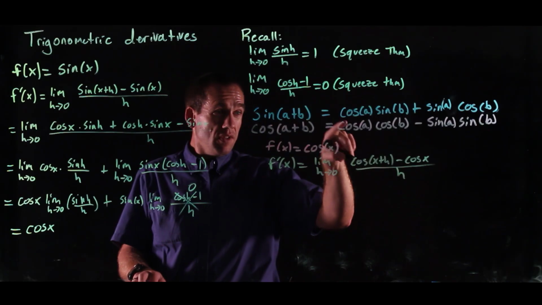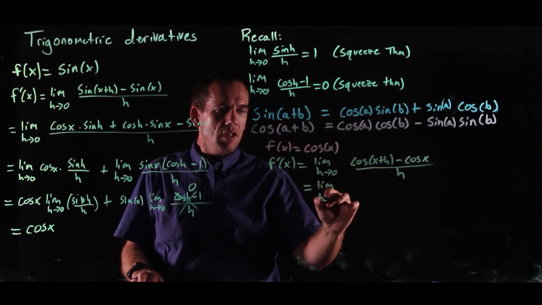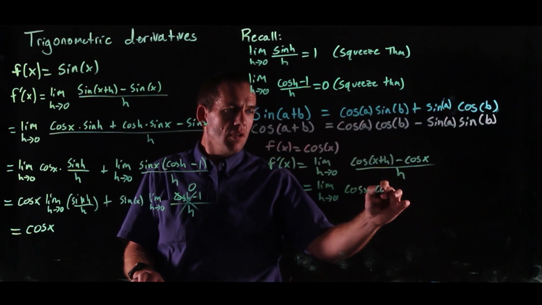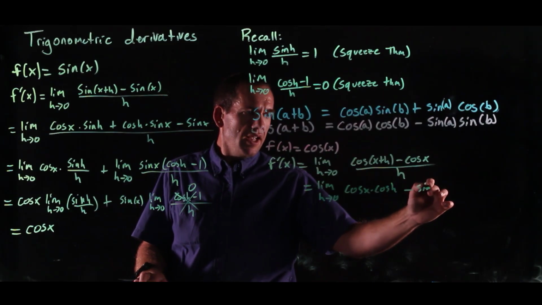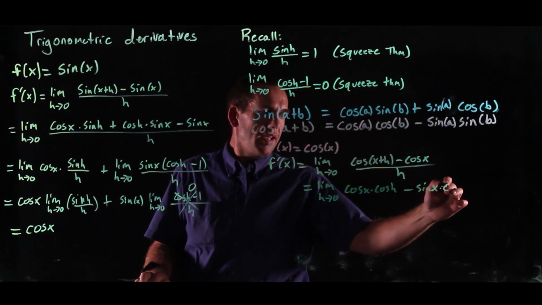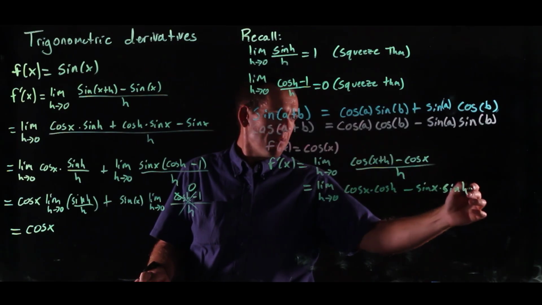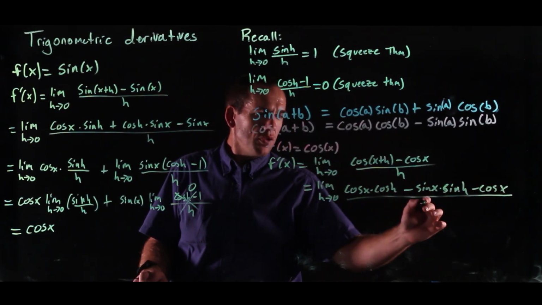And then we're going to use this rule to rewrite cosine x plus h. So this is limit h goes to 0 of cosine x times cosine h minus sine x times sine h, and then I still have this minus cosine x, and this is all still over h.